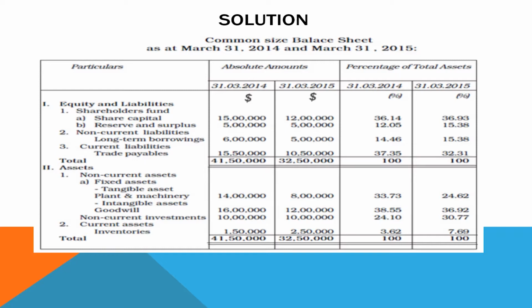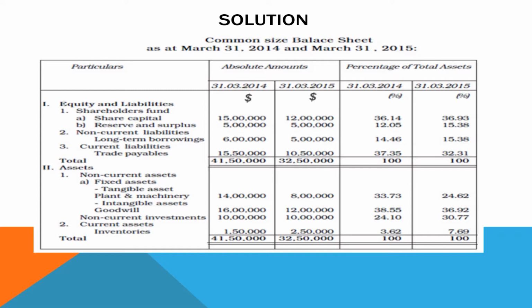And the last one is current liabilities, which includes trade payables as 15 lakh 50,000 and 10 lakh 50,000 respectively. Now, the total of 2014 and 15 of equity and liabilities is 41 lakh 50,000 and 32 lakh 50,000.